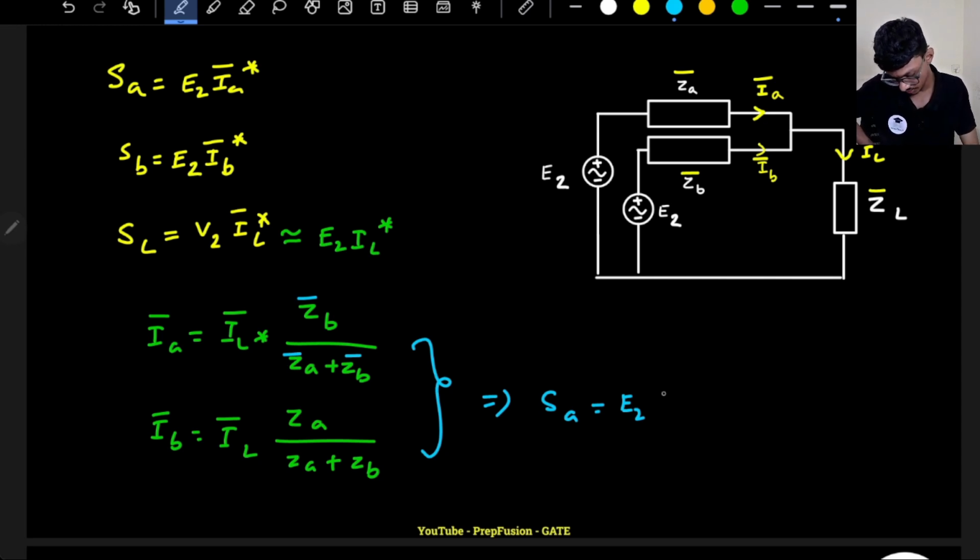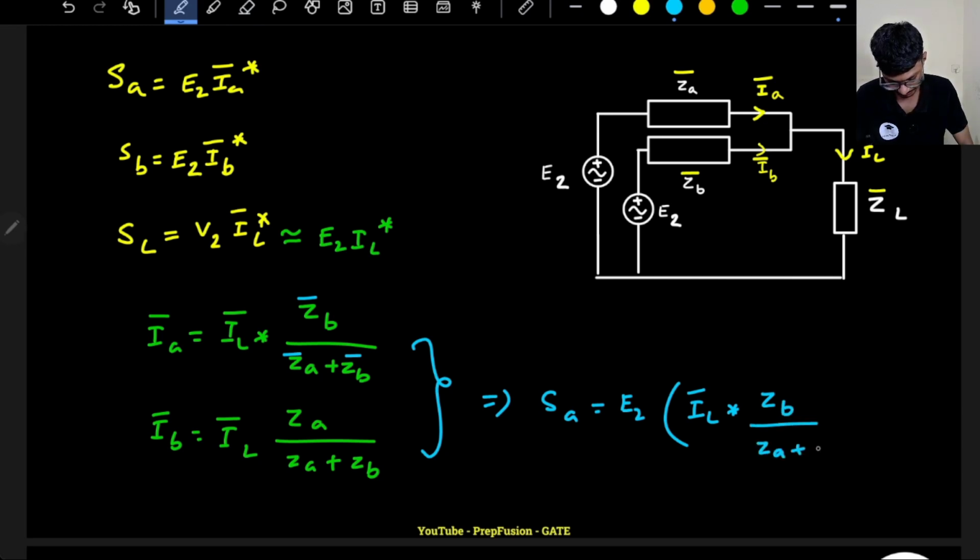If I take the conjugate of this whole thing, this will be IL into ZB divided by ZA plus ZB. These are all complex numbers, right? Whole conjugate.